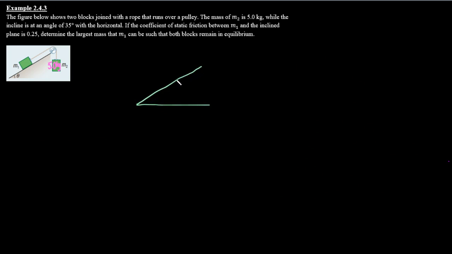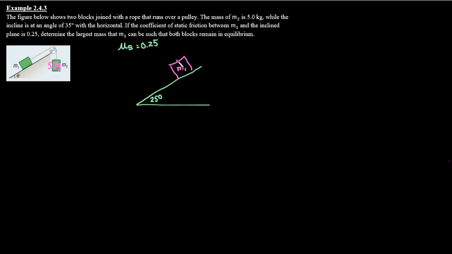And we know with our inclined plane that it's raised at 25 degrees. We also know that the coefficient of, not kinetic, sorry, the coefficient of static friction is 0.25. We have M1 that is sitting here on our incline.